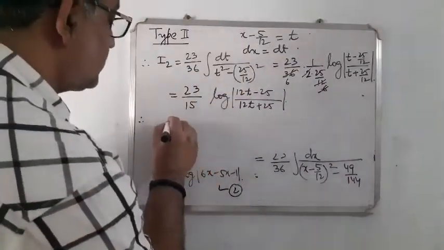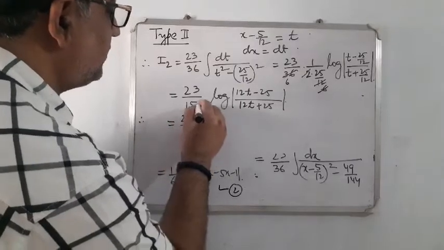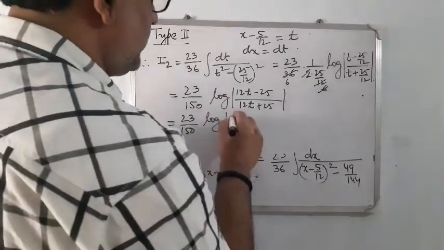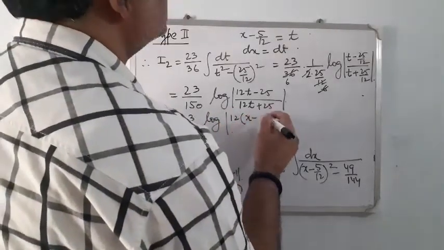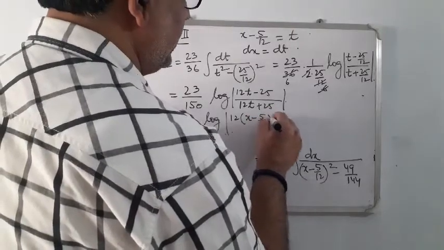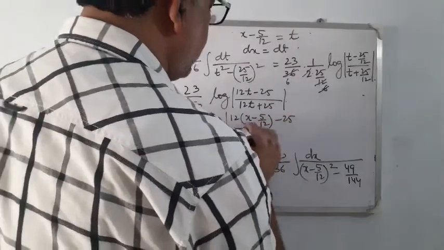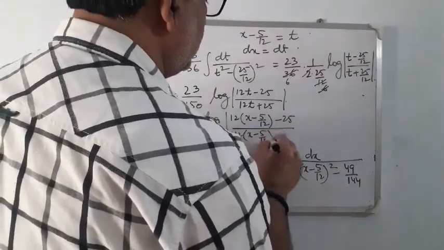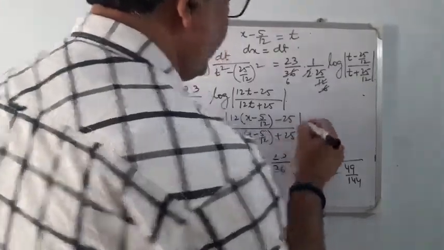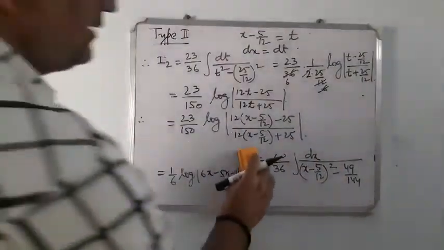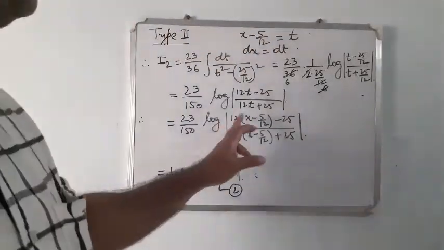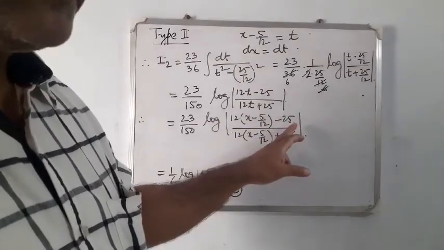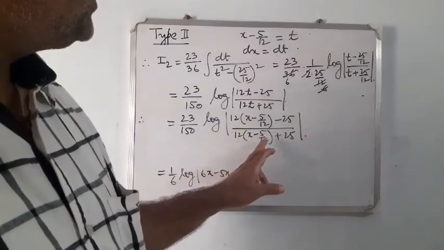So once you put the value of t here, you will get 23 by 150 log mod, that 12 into x minus 5 by 12, you are getting here minus 25, by 12 into x minus 5 by 12 plus 25. This result you are getting. Now finally you will have, if you multiply it by 12, you will get 12x minus 5, and minus 5 minus 25, this becomes minus 30, and here you will get 12x plus 20.